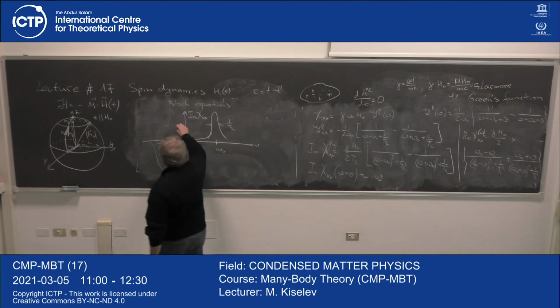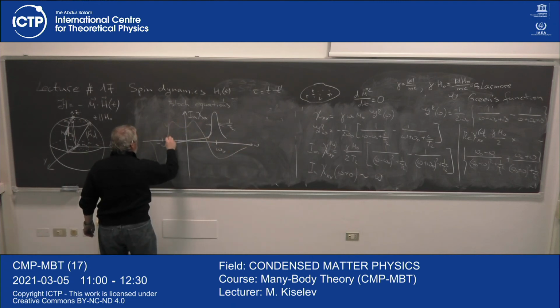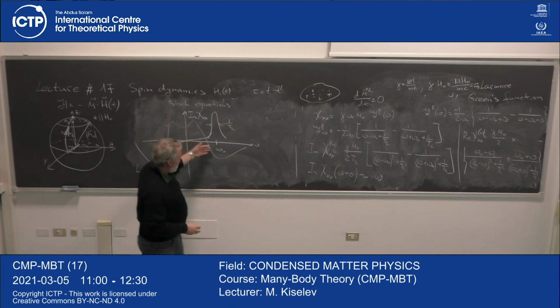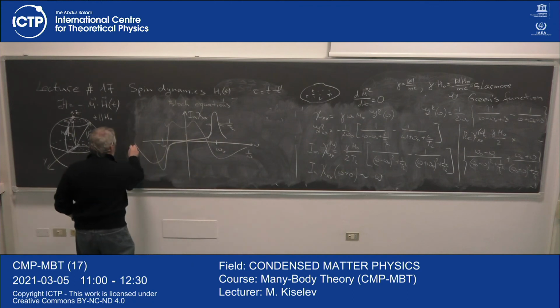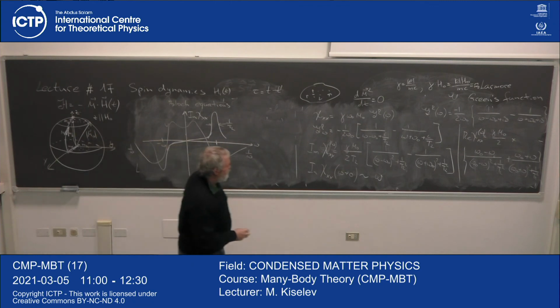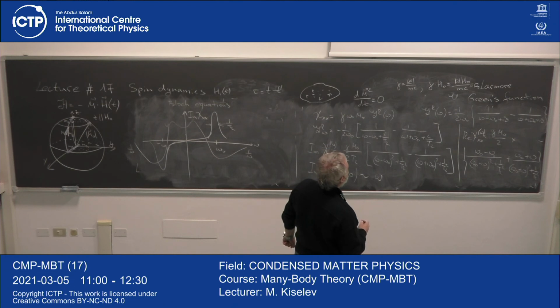I'm not going to draw it, probably like that, so it goes something like that. So it definitely goes down as 1 over omega for the large omega, no, it goes as 1 over omega squared, sorry.